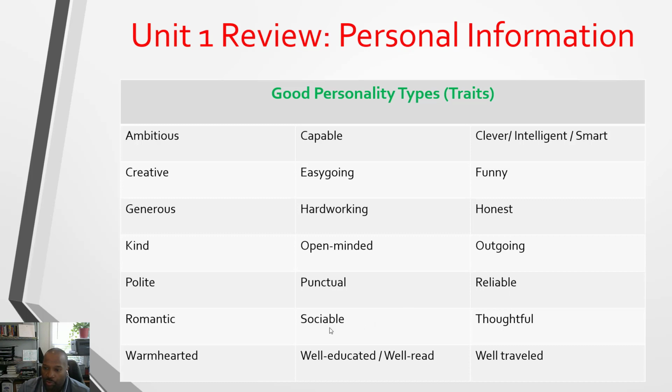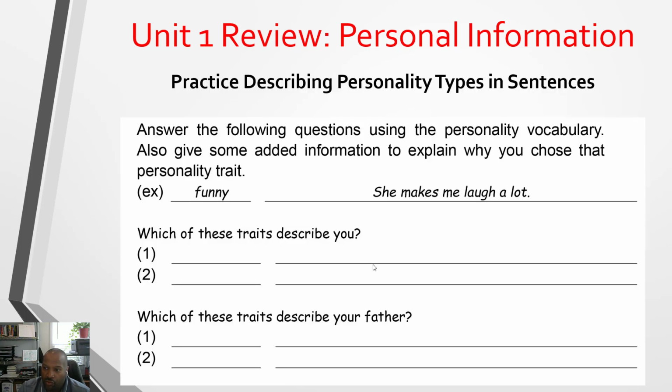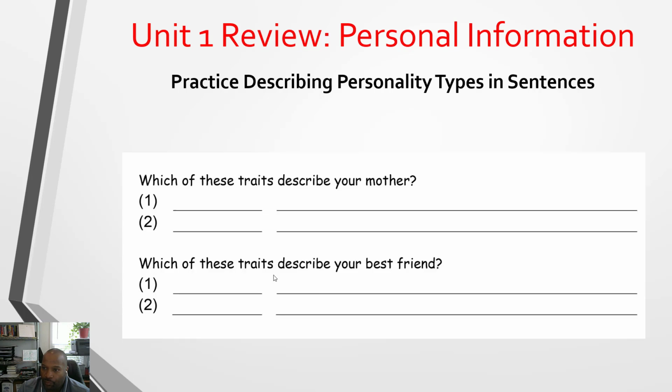Might be sociable. Might be warm-hearted. Okay? Pick two and describe you. Then, which of these traits describe your father? You can pick two of those, and then answer and give us an example. Which of these traits describe your mother? Which of these traits describe your best friend?